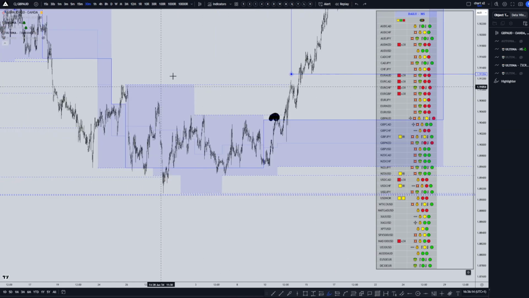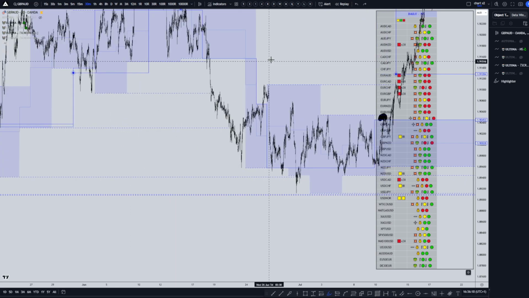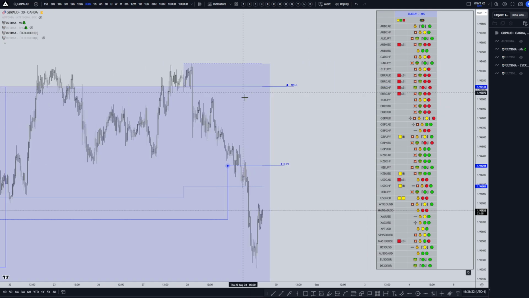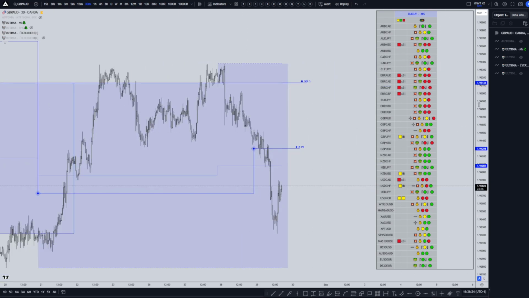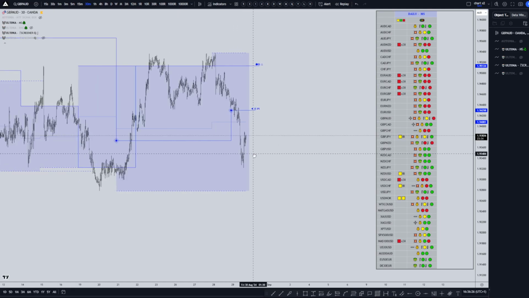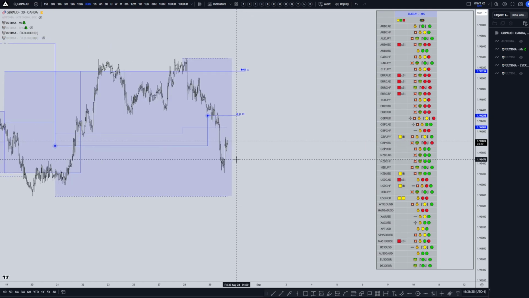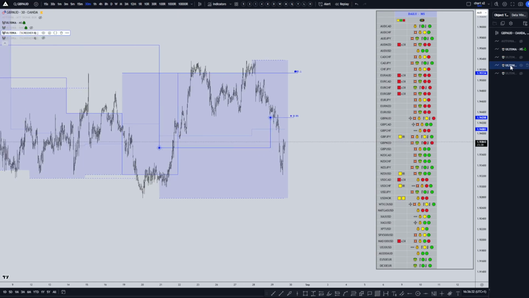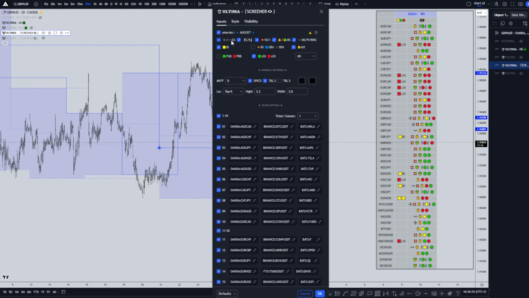But you will find tons of examples where you have pullbacks to 50%. That's one of the reasons why we are tracking impulse correction impulse for trend continuation trades. So that's regarding ICI, impulse correction impulse.